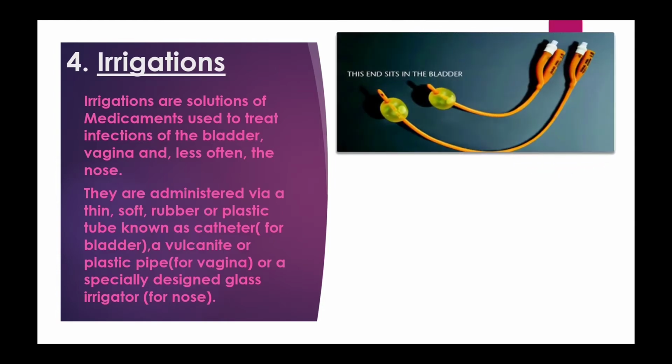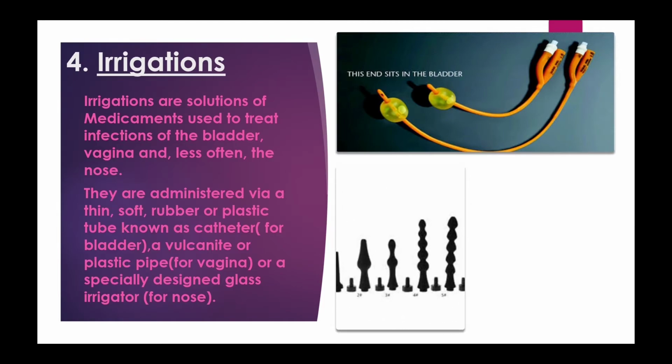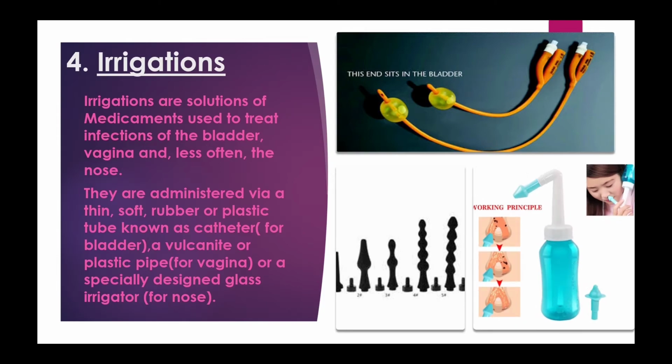Let's see examples. This is the catheter, used in case of the bladder. Next, this is called vulcanite, used for the vagina. Next, the glass irrigator used for the nose.